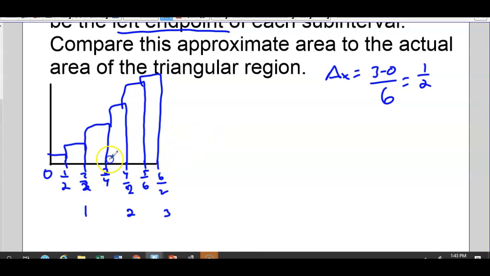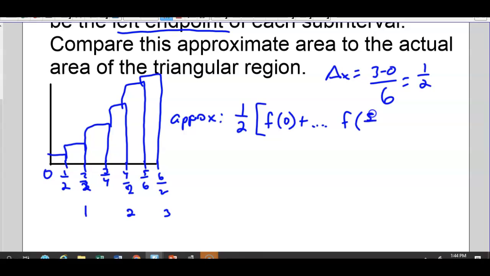So now we need to find the approximation. How do we find the approximation again? Delta x times what? f of 0 plus up to what? f of 5 halves. Why not 6 halves?